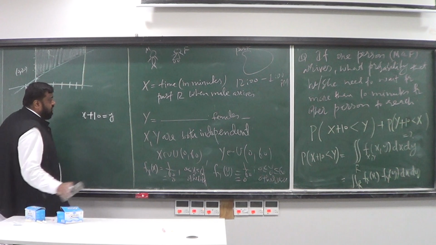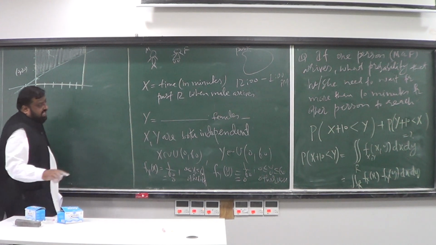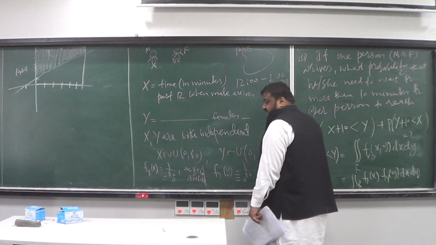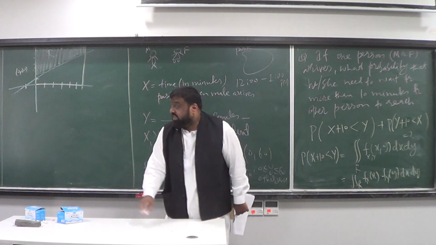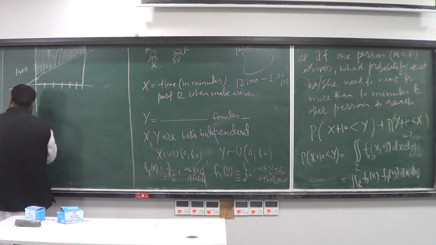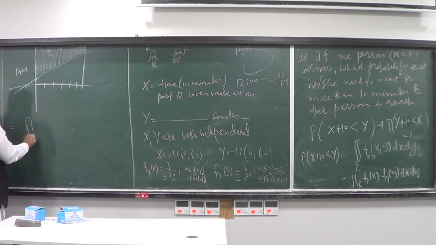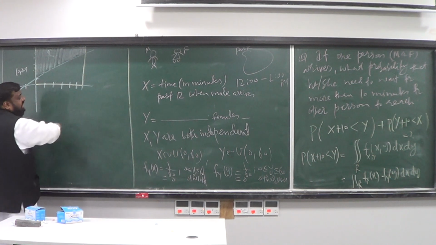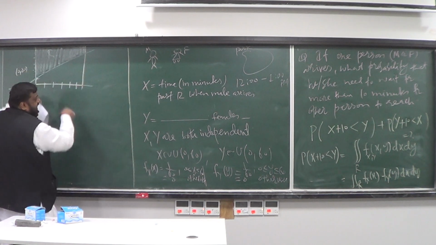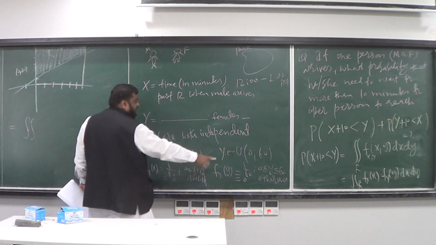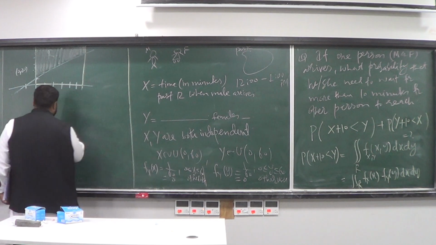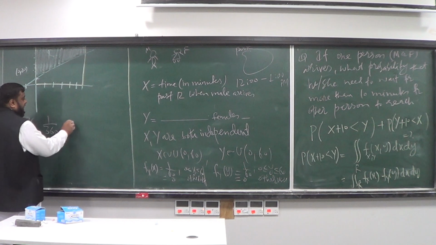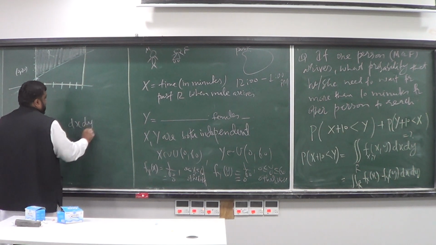So in order to explicitly write this integral, what I can do is try to write it. Since this is in this triangle, fx is going to be 1 over 60 and fy is going to be also 1 over 60, so it's going to be 1 over 3600, and then dx dy.